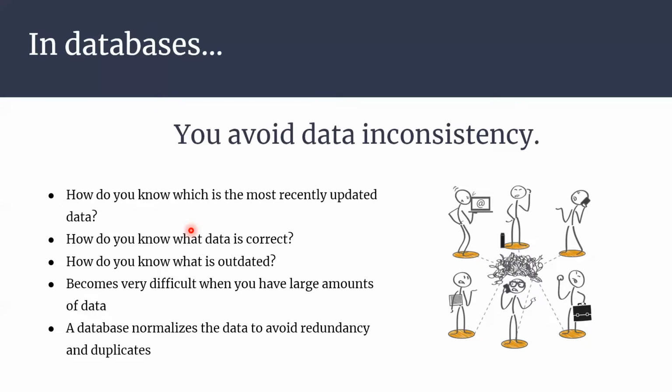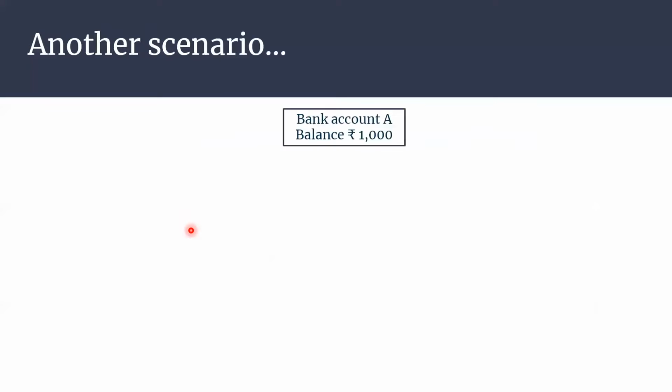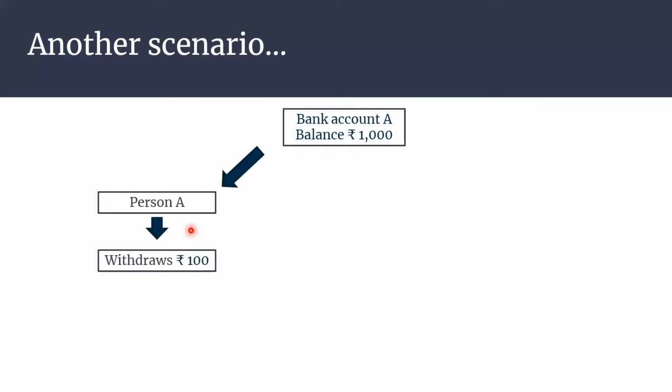Now let's look at another example, right? Suppose there's a bank account, a joint bank account that's shared by two people, person A and person B. There's 1,000 rupees in the bank account. Person A withdraws 100 rupees from the account, and he sees the balance get updated to 900 rupees, which makes sense because he withdrew 100 rupees.